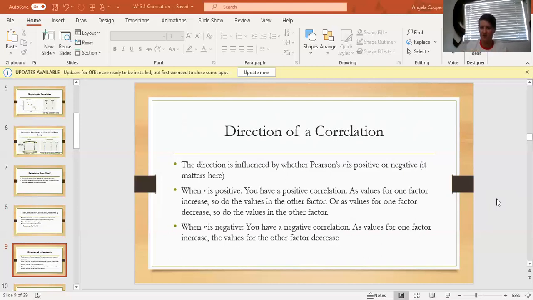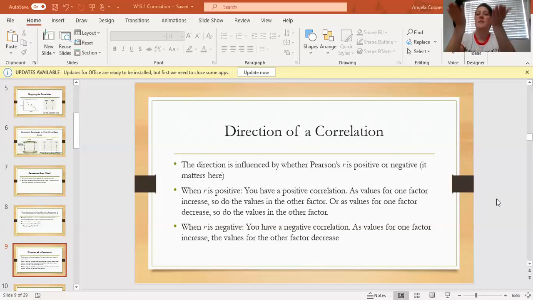With a positive correlation, your R value is greater than 0, because 0 implies no relationship, and between 0 and 1.0, because keep in mind it can't be any higher than 1. You have a positive relationship. This means that as values for one of your variables increase, so too do the values of the other.